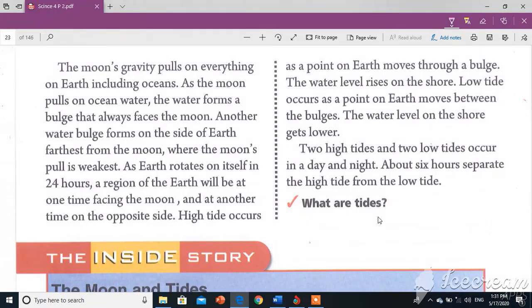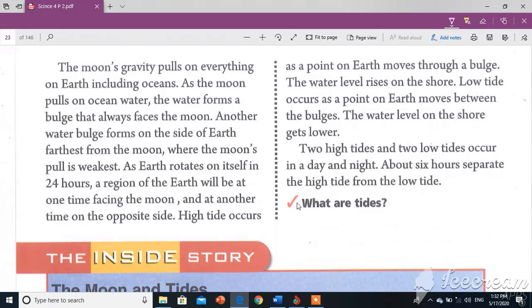Students, remember that every day 2 high tides and 2 low tides occur. In a day and night, about 6 hours separate the high tide from the low tide. The moon's gravity pulls on everything on earth, including oceans. As the moon pulls on ocean water, the water forms a block that always faces the moon.